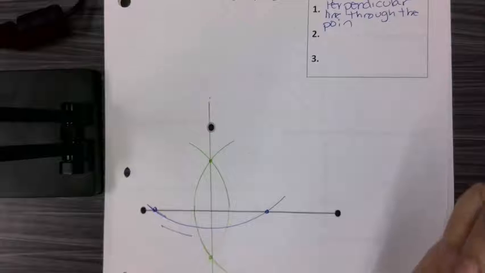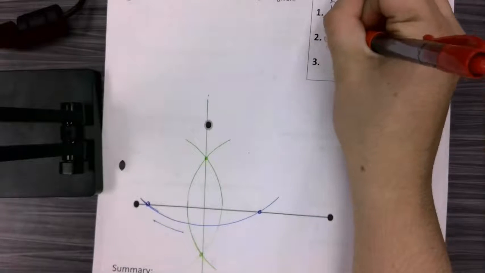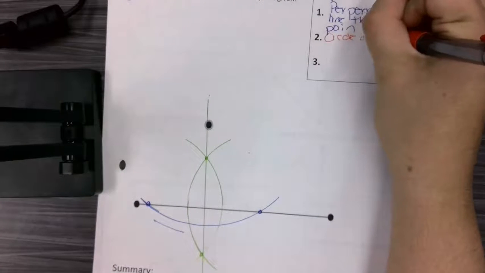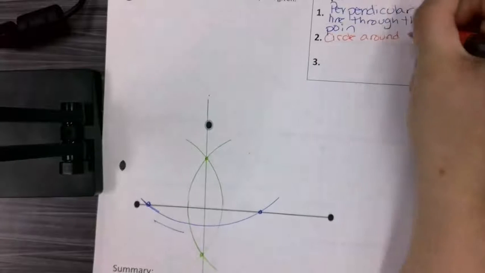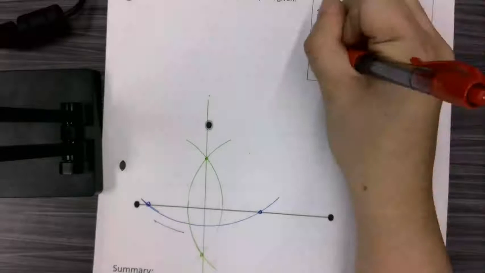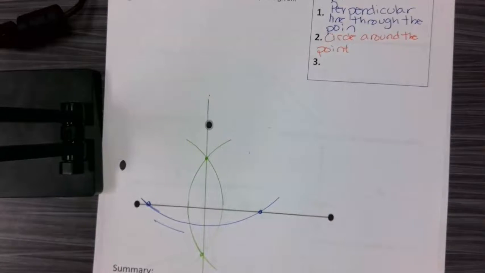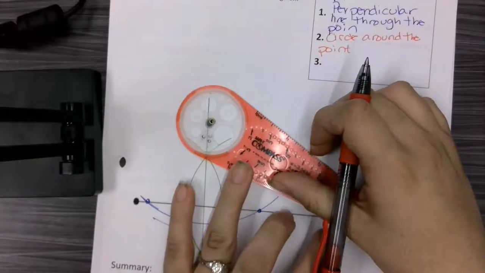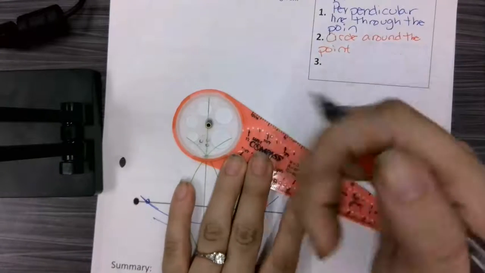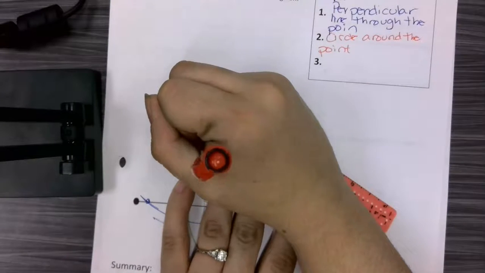Then my next step is to draw a circle around the point. The size of the circle doesn't matter, but I want to make sure that it's touching both sides of my line.